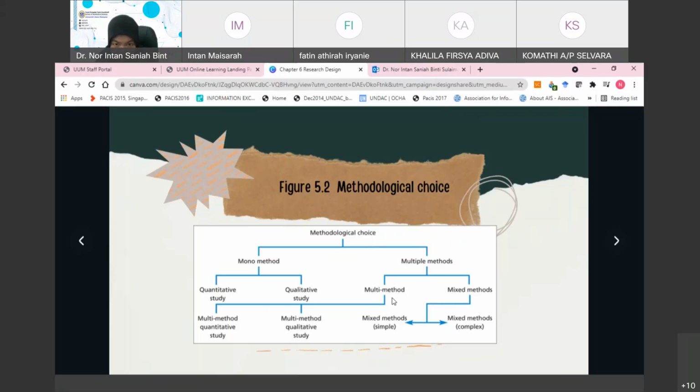You can see here, this line comes from multi-methods, not under qualitative. Every space is not enough. This one, mixed method, can be a simple mixed method or a complicated mixed method.